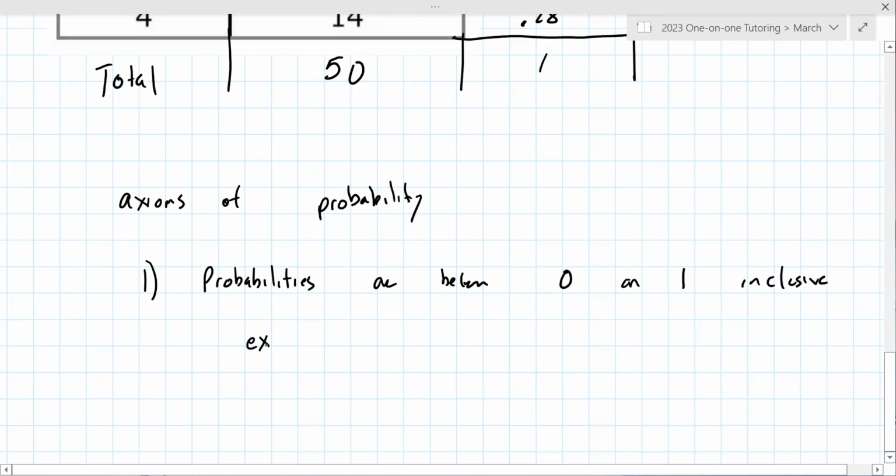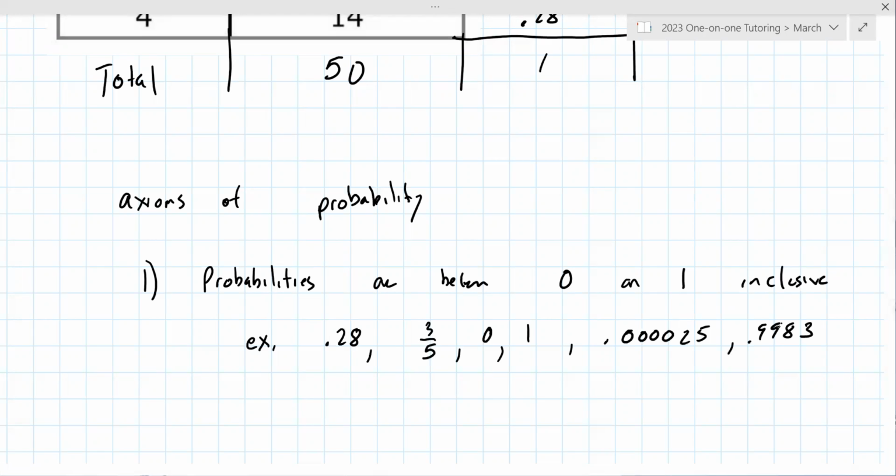An example of that is 0.28, 3/5. It could be 0. It could be 1. It could be 0.000025. It could be 0.9983. Is that good? Yeah, that makes sense.